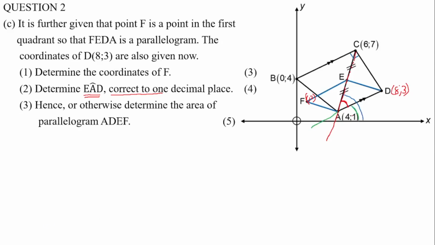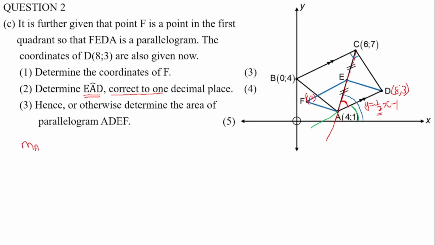To find angle EAD, we say the angle of inclination of AC minus the angle of inclination of AD. AD is better because we have its gradient. Remember, we found that the gradient of AD is 1 over 2, just like that of BC. But we need to find the gradient of AC. Let's start by doing that.